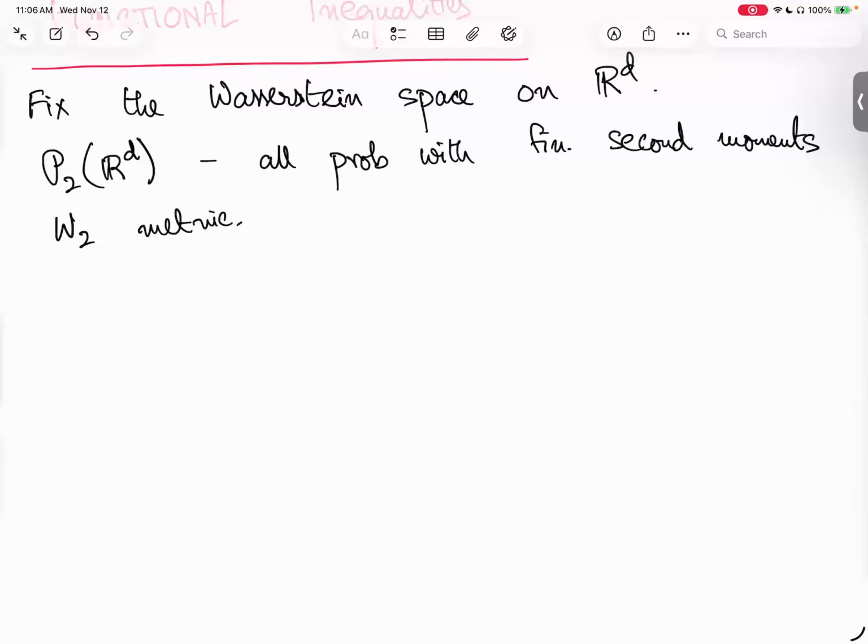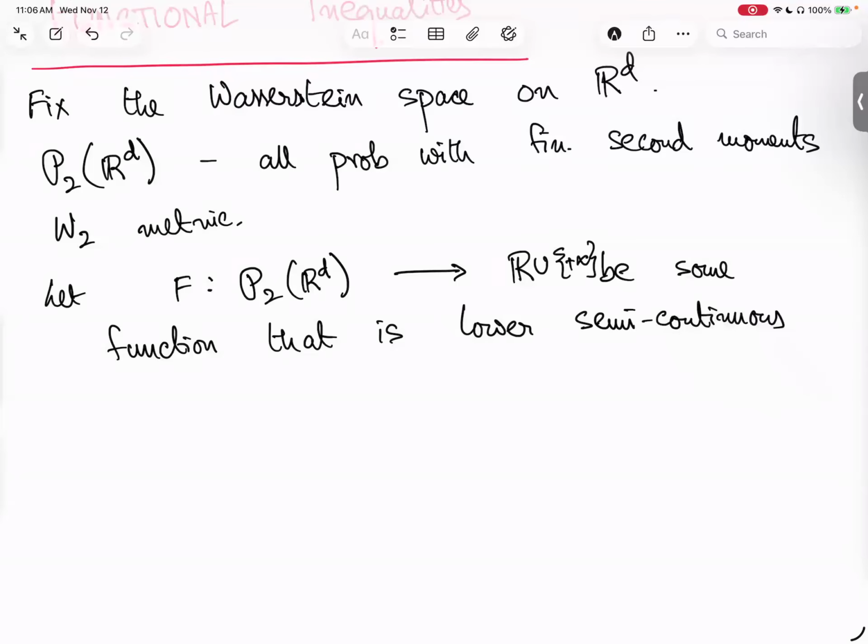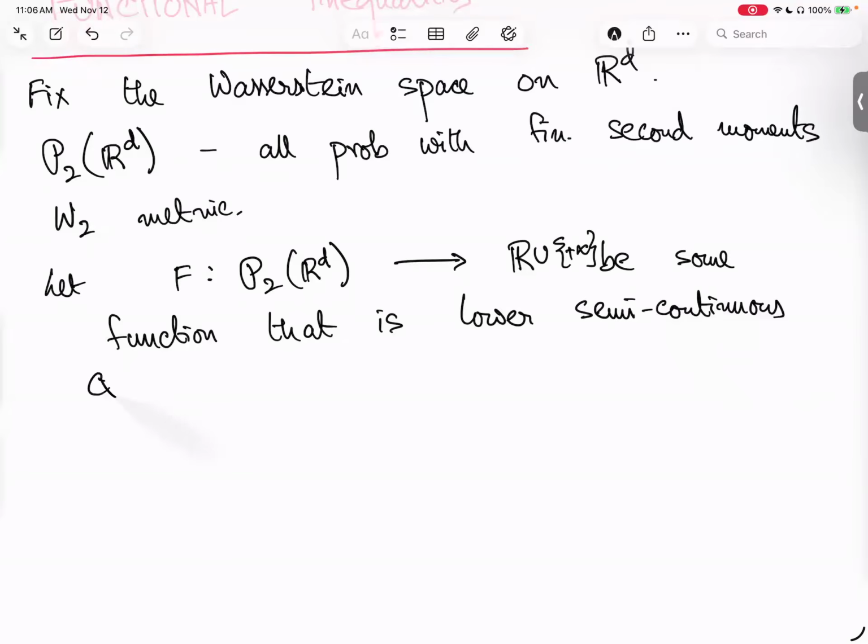Now over this, I have a function. So let f from P2 of R^d to R union plus infinity be some function that is lower semi-continuous and semi-convex, geodesically semi-convex.